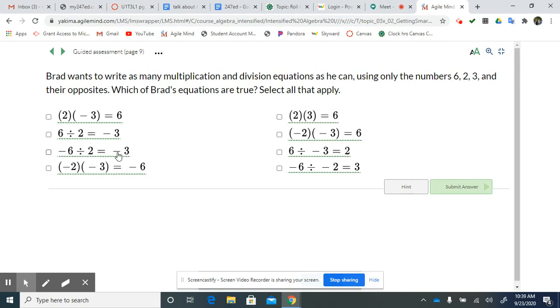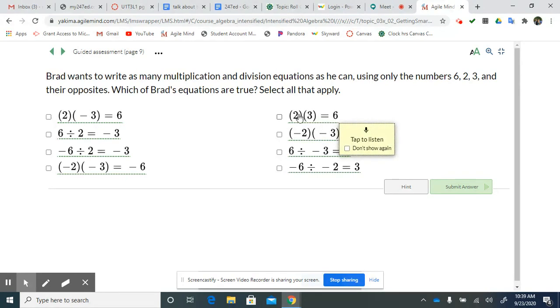So on your paper, let's write down negative 6 divided by 2 equals negative 3. And then negative times negative should give us a positive, so that one's not true.